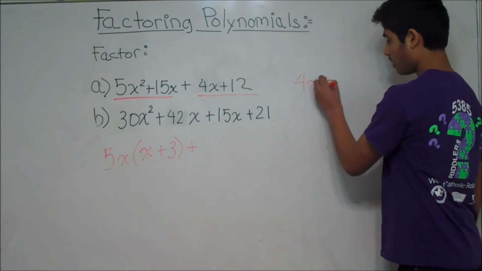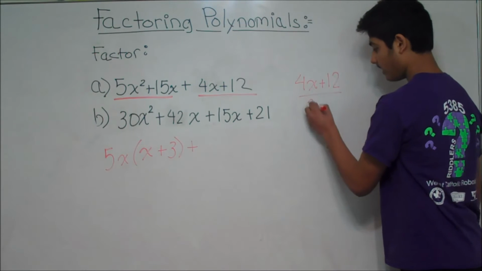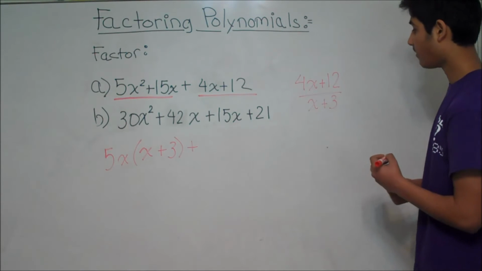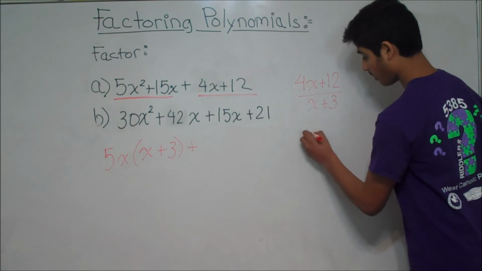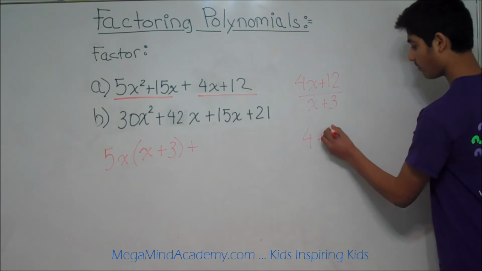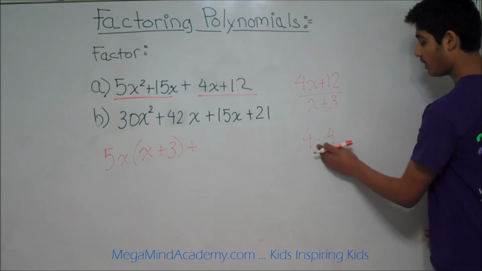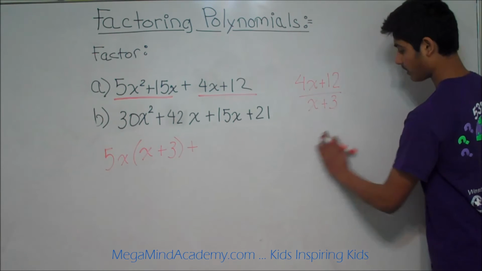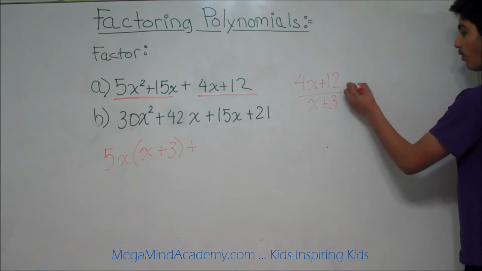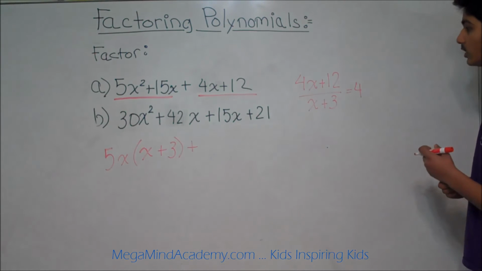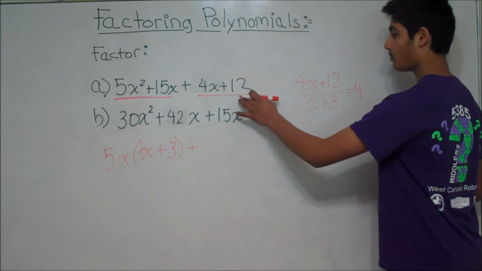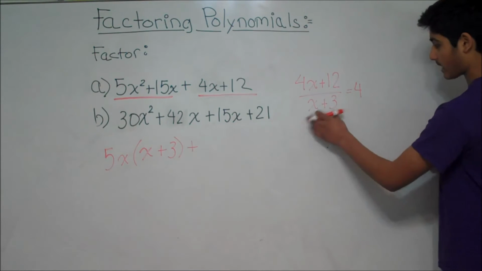4x plus 12 divided by x plus 3: 4x divided by x is 4, plus 12 divided by 3 is 4. So we know that the factor of 4x plus 12 is 4 times x plus 3.